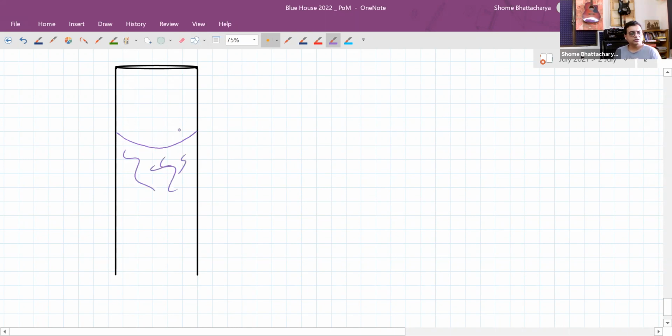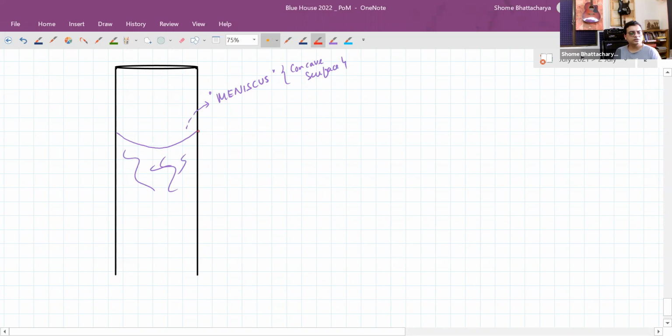Okay, so this is called the meniscus of the liquid. Basically a concave surface of the liquid. Okay, so this happens because of the behavior of the liquid in terms of contact angle.